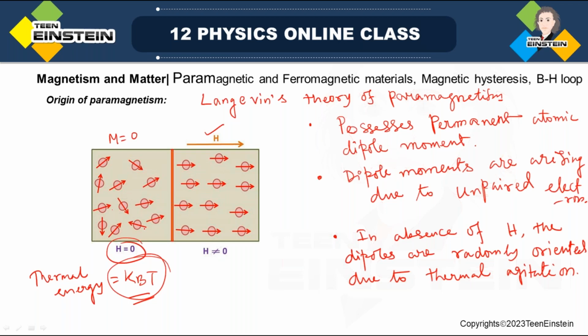So what I said, paramagnetic substances have their permanent atomic dipole due to electronic spin or unpaired electrons, but in absence of field, dipoles are randomly oriented due to thermal agitation, making net magnetization zero.